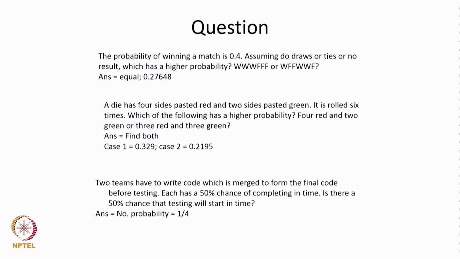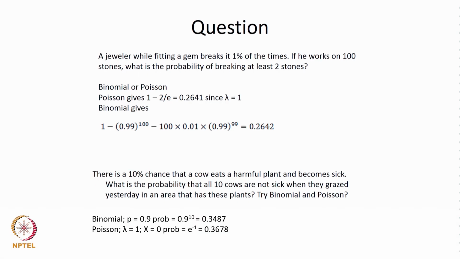Now a jeweler, while fitting a gem into an ornament, breaks it 1% of the times. If he works on 100 stones, what is the probability of breaking at least 2 stones? We could model this as binomial or Poisson. Poisson would give us a lambda: 1% of the times he breaks, so out of 100 times we can take lambda equal to 100 into 1%, which is 1.